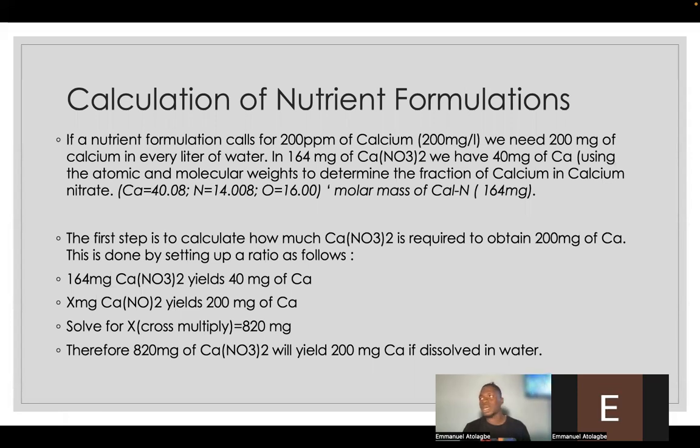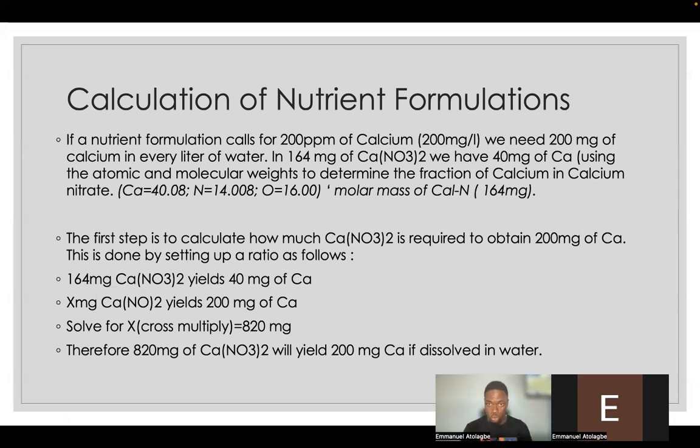Most of the time, the atomic mass of oxygen and nitrogen are usually different from their molecular mass because they are diatomic. So we have 40 milligram, but our focus is getting 200 ppm.